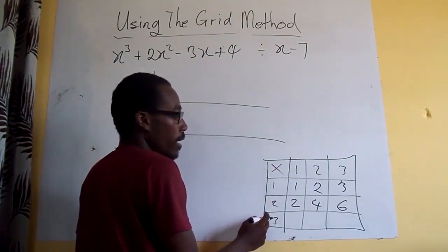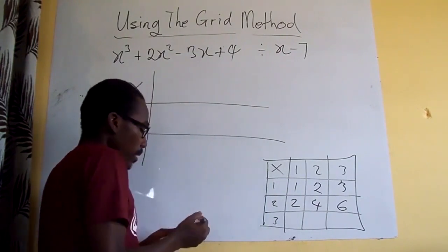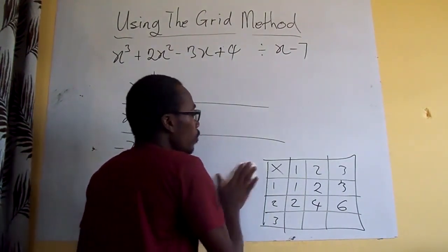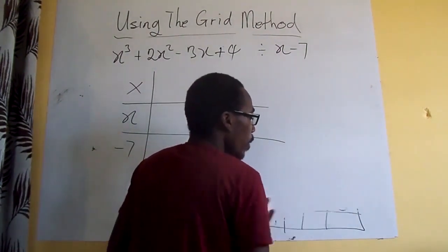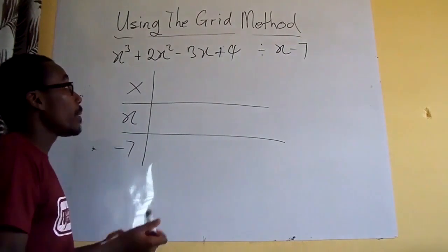Then you come down here, 3 is the same approach. It's not different from what we are going to do with regards to polynomial division by the grid method.